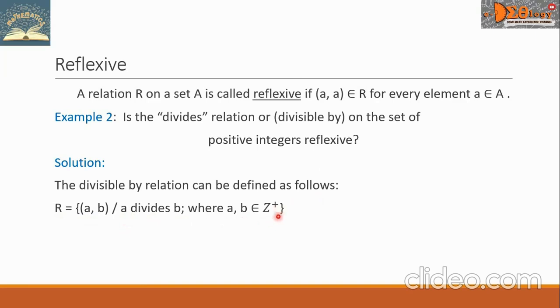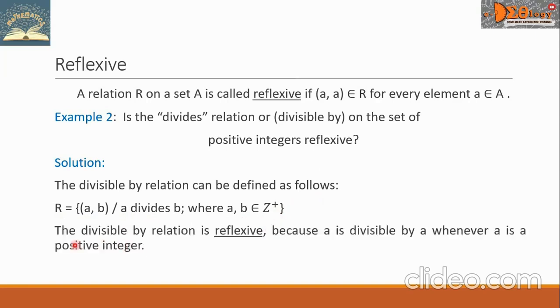This is the symbol for positive integers. We say that the divisible by relation is reflexive because a is divisible by a whenever a is a positive integer. This is the final answer.